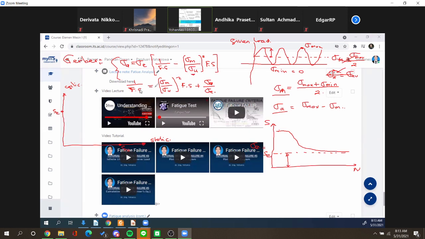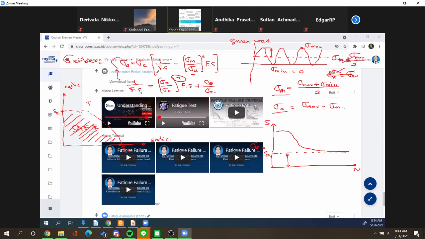So using this equation, Gerber gives us the parabolic line like this, which means that inside of this curve, the material will not have fatigue. So it will be safe from fatigue. But outside of this curve, it will have a limited life.